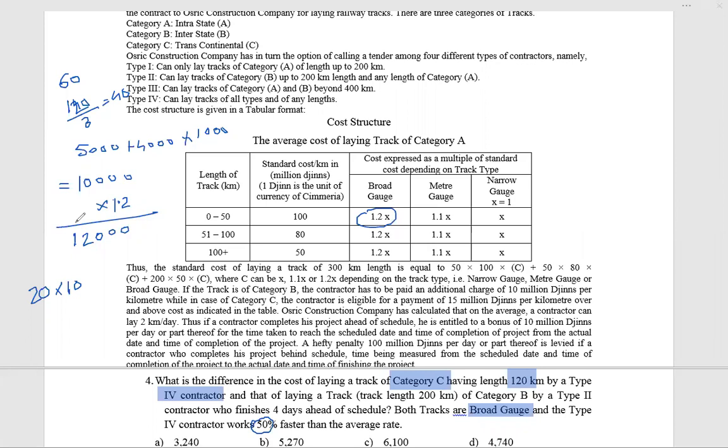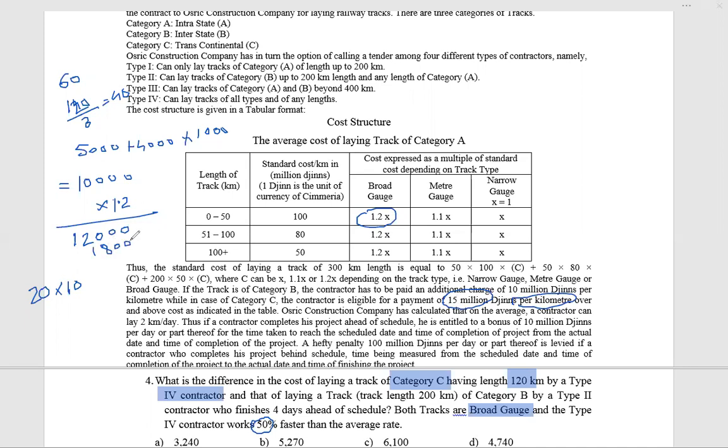Cost of the average per day. Length is 120. So should have taken 30. Save 20 days. Anything else I'm missing? Okay. This one. Category C 15 million per kilometer. So for 120 kilometer, you will get extra 1,800.